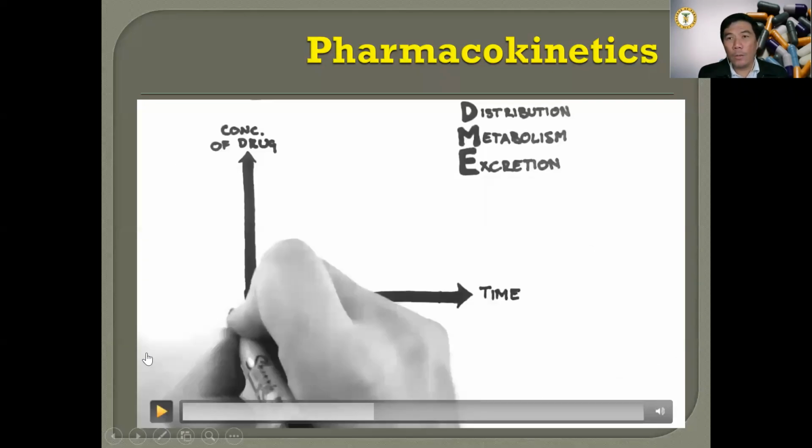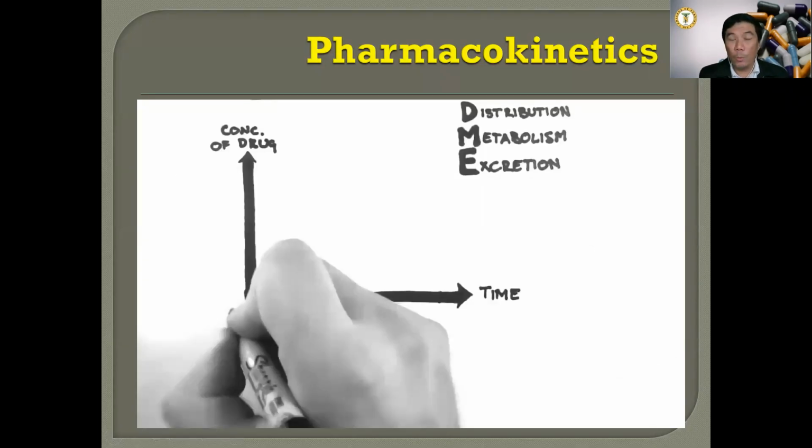If we talk about concentration of drug within the body, once a drug enters the body, it will identify, specifically through the function of our liver, what concentration of drug is appropriate and needed by our body. Once the drug enters our body, it will reach its peak concentration level until the time that the slope of the graph goes down.